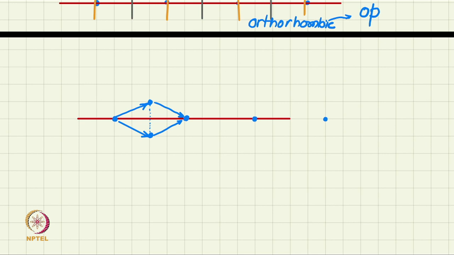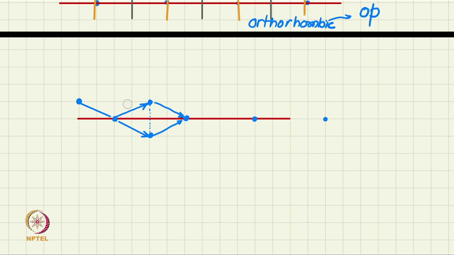Similarly, I have the negative of this vector also. And then if I combine these two, let us label some of them.